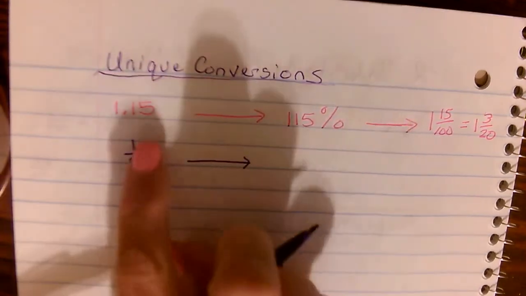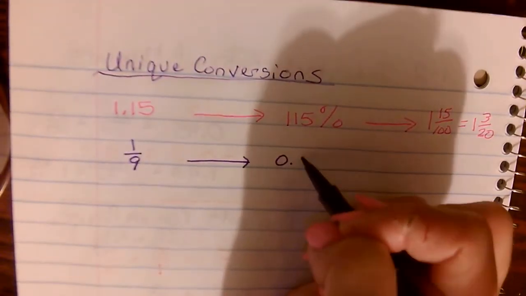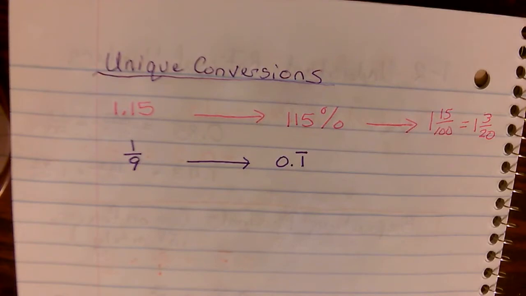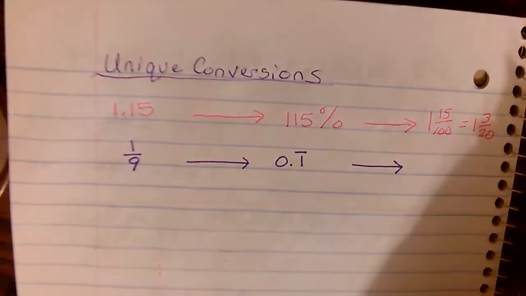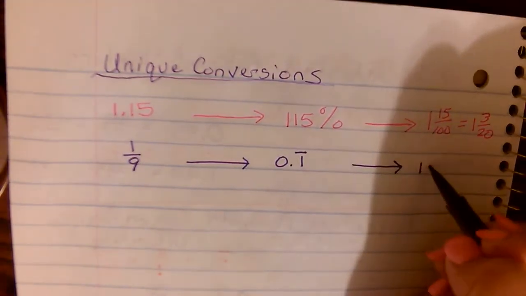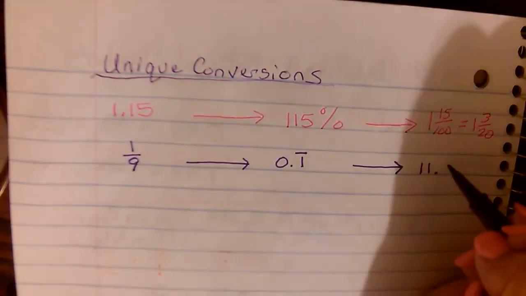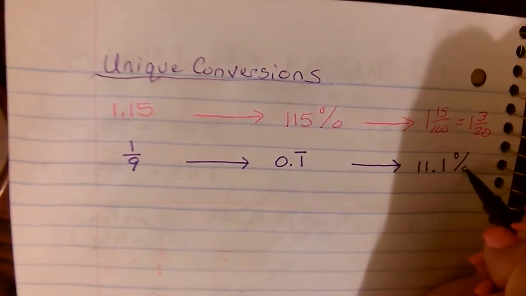If it's over 9, this digit up here repeats itself: 0.1 with a bar over it, as a decimal. As a percent, if I were to write this to the 10th place, the 1 keeps repeating, so it's not just 11%, but it's 11.1111 repeating, or we usually round percents to the 10th place, 11.1%.